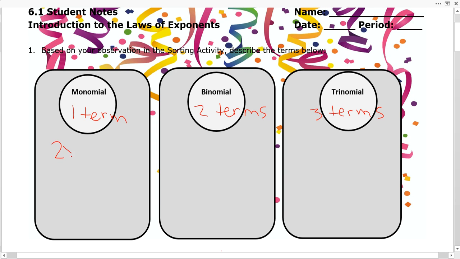So this is a monomial. That's a monomial. That's a monomial. That's a monomial. So multiplying and dividing is okay, no adding and subtracting. Once you have adding and subtracting, it's a binomial.